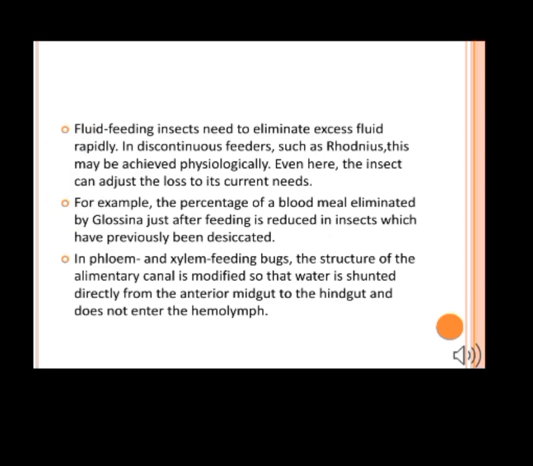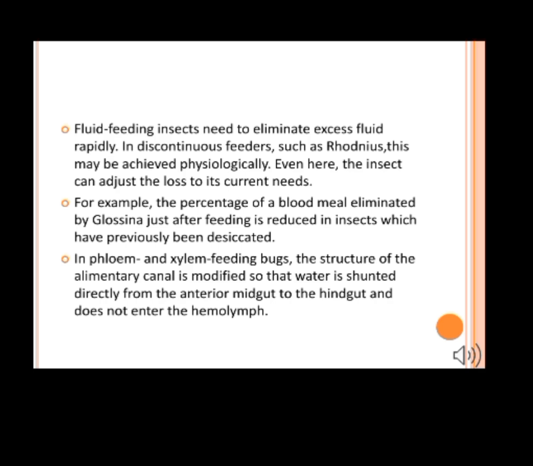Fluid feeding insects, for example blood feeding and sap feeding insects, can consume a large amount of liquid, which is processed efficiently to avoid overhydration and to maintain ion balance. To prevent dilution of their hemolymph, these insects have a mechanism to eliminate the excess water rapidly.